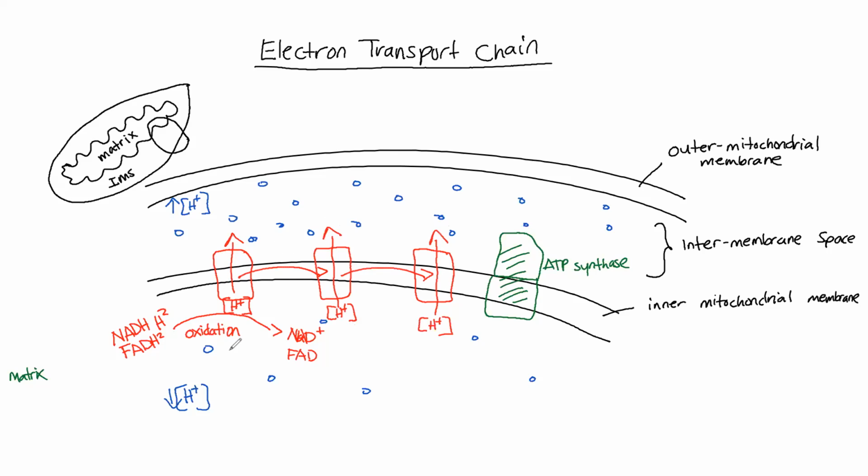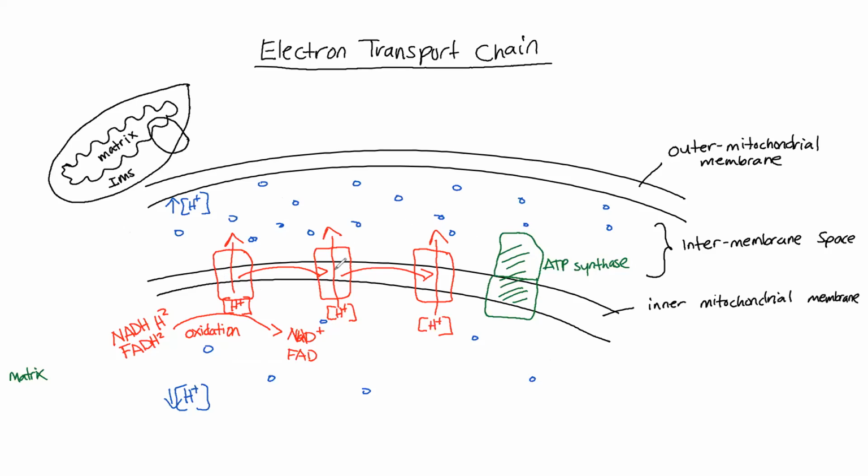So can we see how the electrons are creating the energy that allows these complexes or these pumps to pump these hydrogen ions from the matrix over into the intermembrane space? And so this is how we establish that gradient that we now have going on. We have more hydrogen ions present on this side of the membrane, less hydrogen ions present on this side of the membrane because of the energy that's liberated as we pass these electrons from one complex to the other.